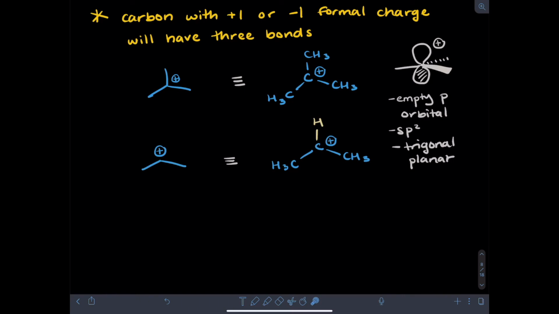If instead we had a central carbon with a positive charge attached to 2 other carbons, the central cationic carbon would have a 3rd bond, which is to a hydrogen. And likewise, if you have a skeletal structure with a cationic carbon with only 1 other group attached to it, that carbon has 3 bonds total, 2 of them being to hydrogens.